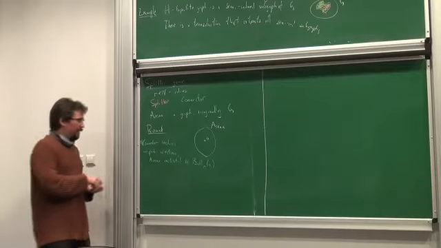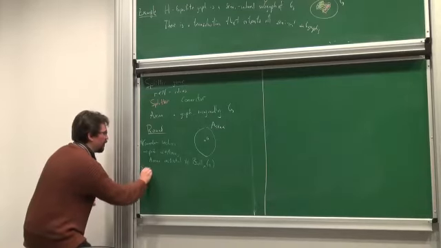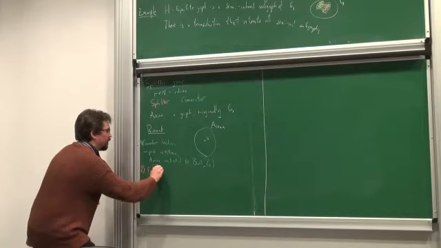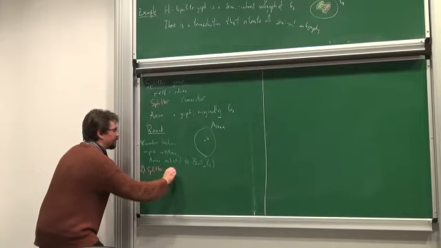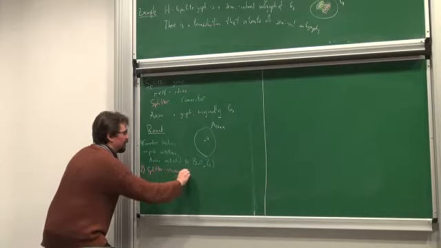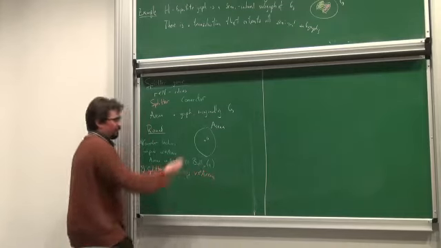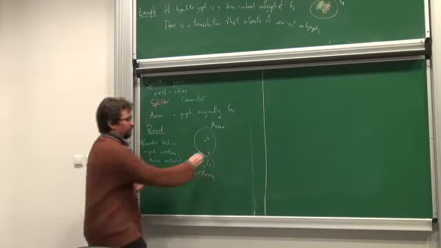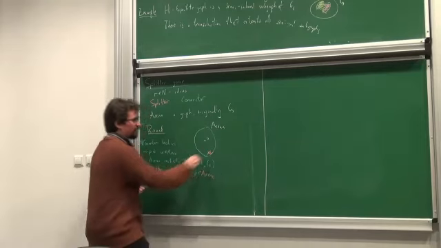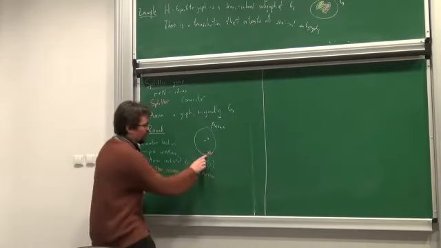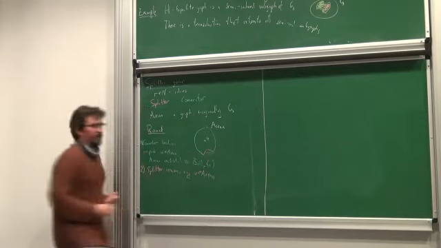Now is the turn of the splitter. Splitter removes any vertex V from there. Here is some vertex V. Splitter just removes it, so the arena now looks like that.